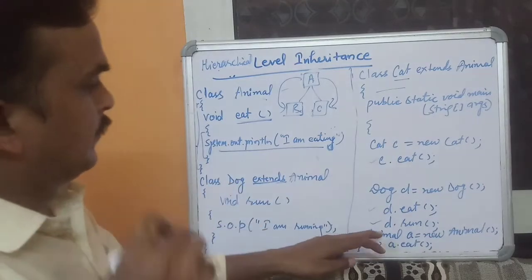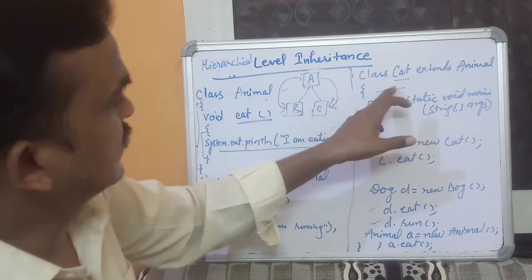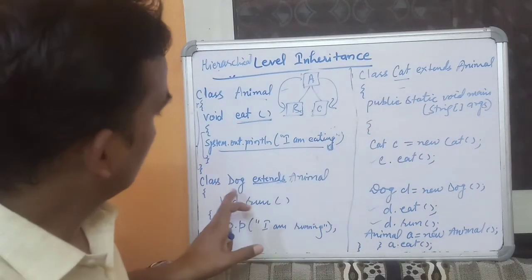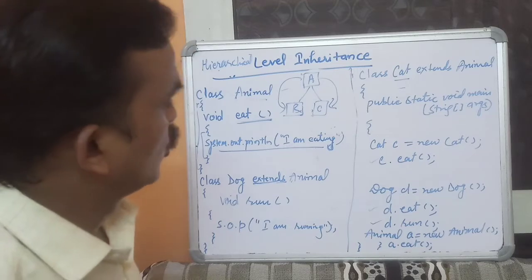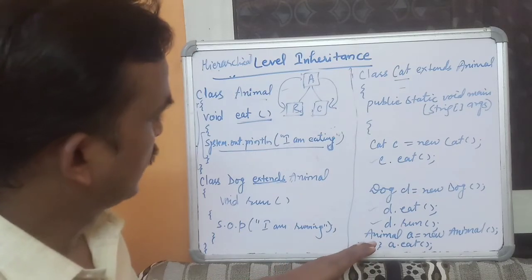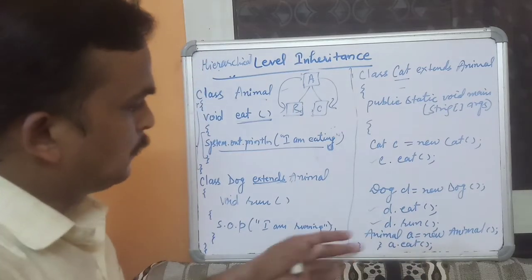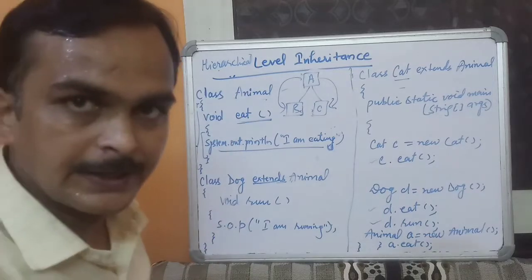But if we call the third method of class C that is not defined, that is not possible using the B class object. And the animal class object can of course access its own methods. So that is hierarchical inheritance.